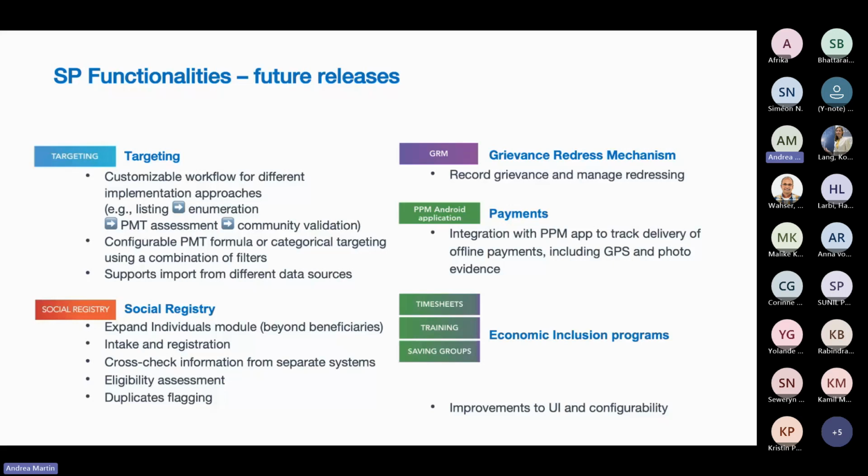Social registry would imply expanding the individual modules beyond beneficiaries, work on intake and registration of applicants, cross-check information from separate systems, establish the assessment of eligibility, and flag duplicates. This is an important feature. Basically, you might have people registering under different ID numbers or slightly different names, but they might be the same person.